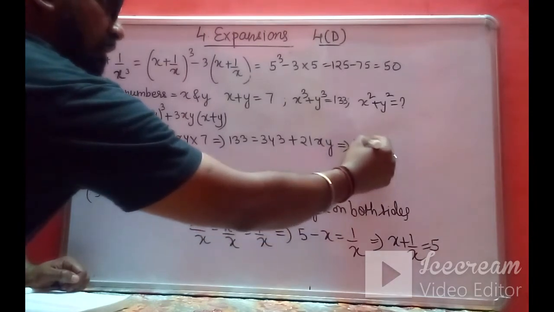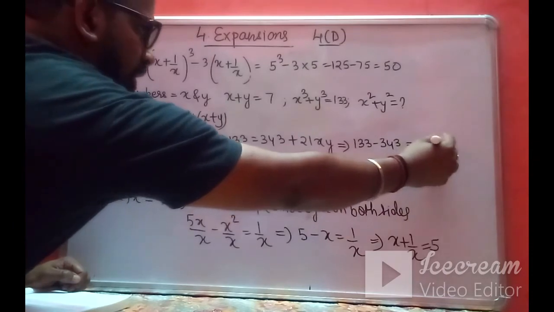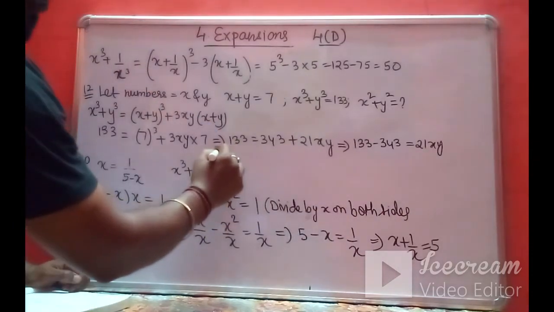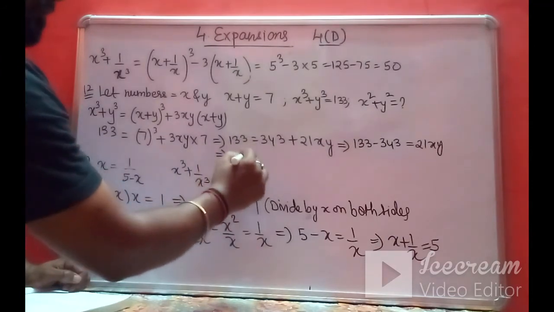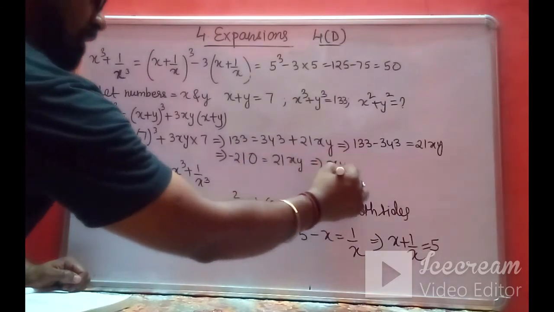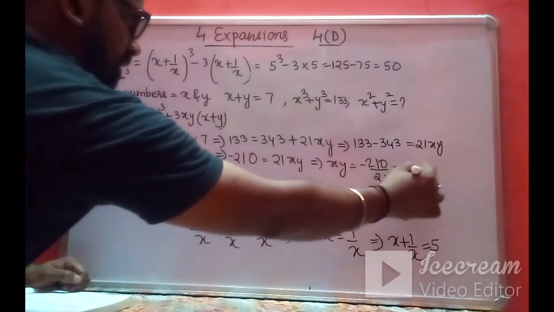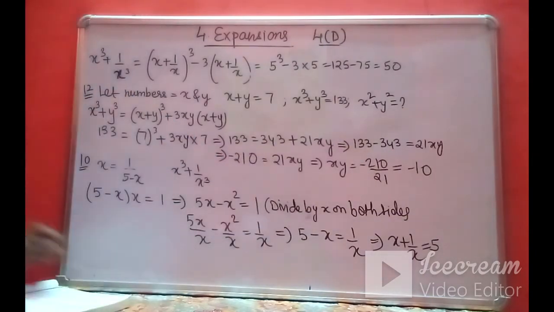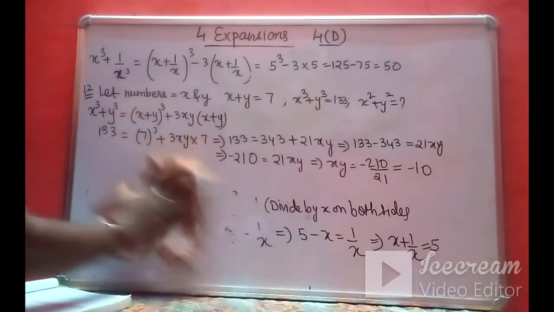Then it is 133 minus 343 equal to minus 21xy. So finally we will get minus 210 equal to minus 21xy. So xy is equal to minus 210 upon minus 21, that is 10. Then we got the value of xy.